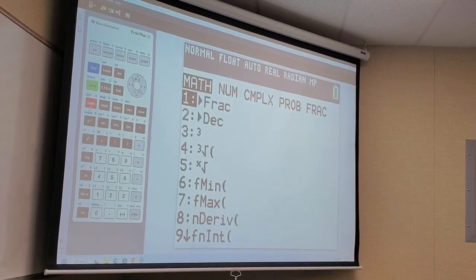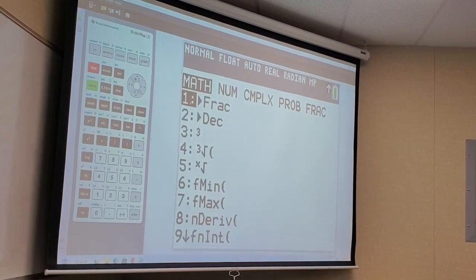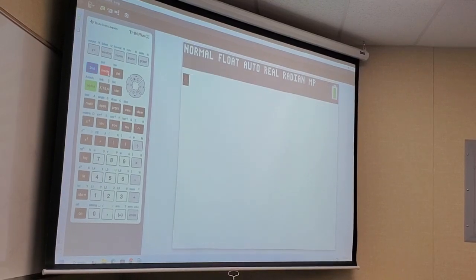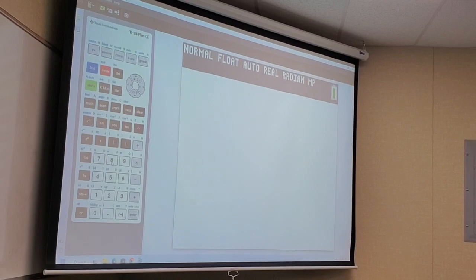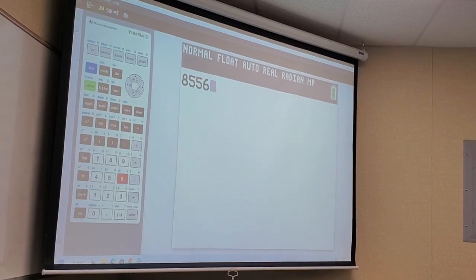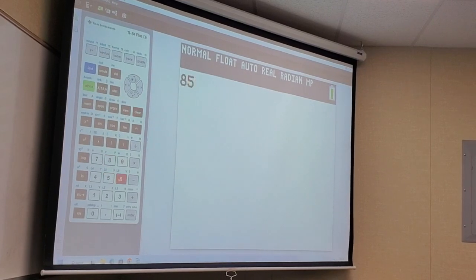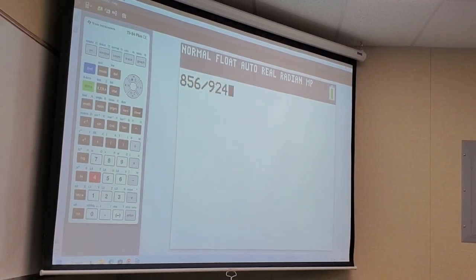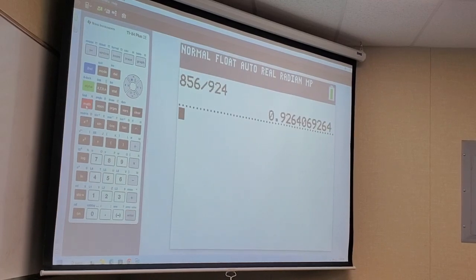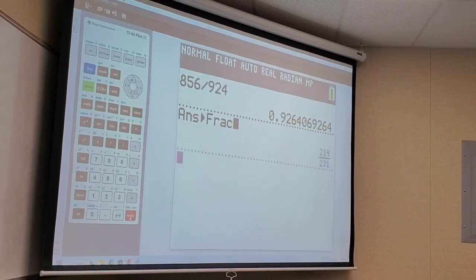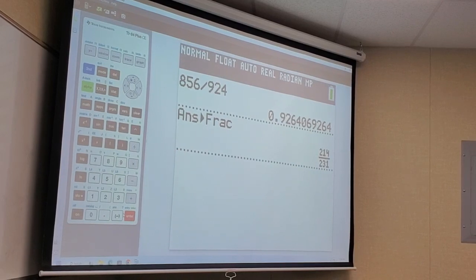The very first button, real quick, just to show you some of this. Very first button looks like it's something to do with fractions, right? So if I say 856 divided by 924, and I say make that a fraction, it'll give it to me in reduced form, right?